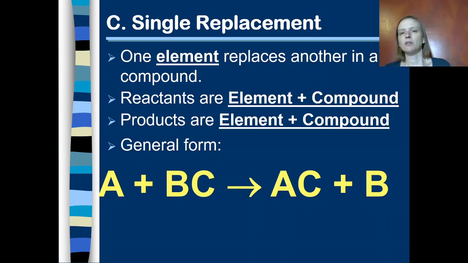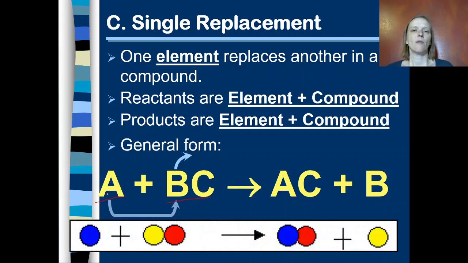So if we look at what this form looks like, here I have an element, one element by itself, and I have a compound. And then what happens is the A takes the place of B and boots B out so that B is all by itself. I'm representing this here with the colored dots so that you can see that yellow was bonded to red, and then blue kicked the yellow out of the way, and now blue is bonded to red.